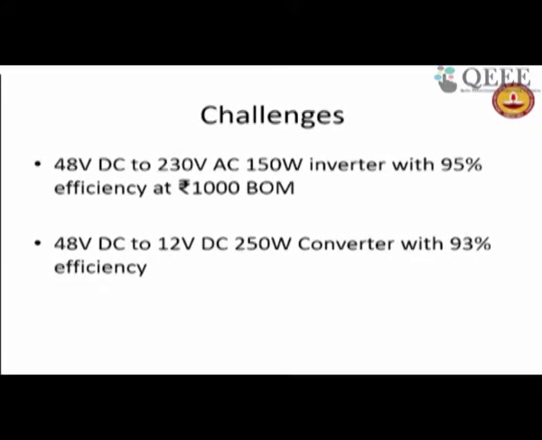Take another one, 48 volt to 12 volt. Remember, this is a question that was asked by one person. A 250 watt converter with 93% efficiency. Can I design something like this? These are the kind of challenges that we will come across in India. These are our problems. Remember, nobody will design it for 150 watts. They will design for large.